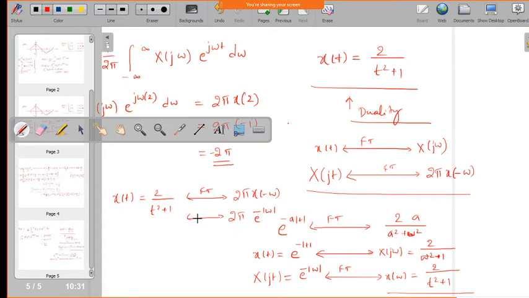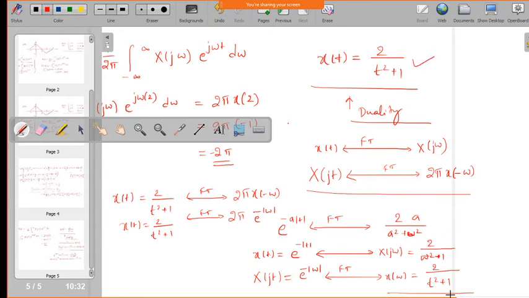This is the Fourier transform of the signal. We know the result for a equal to 1. In the Fourier transform domain, if you interchange t and omega, you get 2 by t square plus 1, which is the desired signal in the time domain.